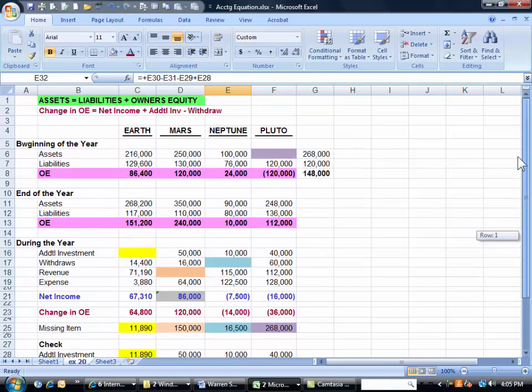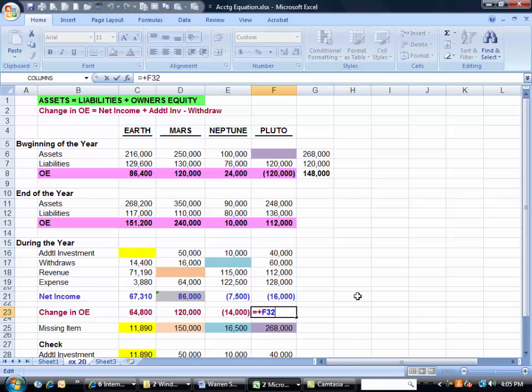Okay, the last one, had a couple emails on this one. The hard part for most people here was that you were missing the top part, which had people confused. So let's start it from the bottom. You knew what your change in owner's equity was because you have your pieces here.